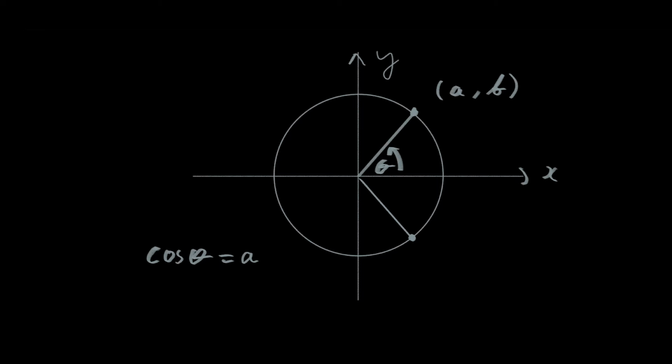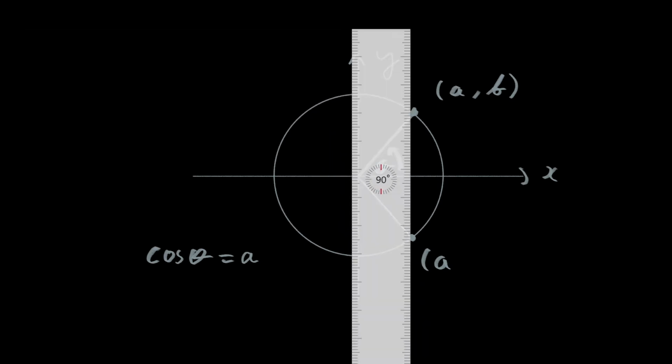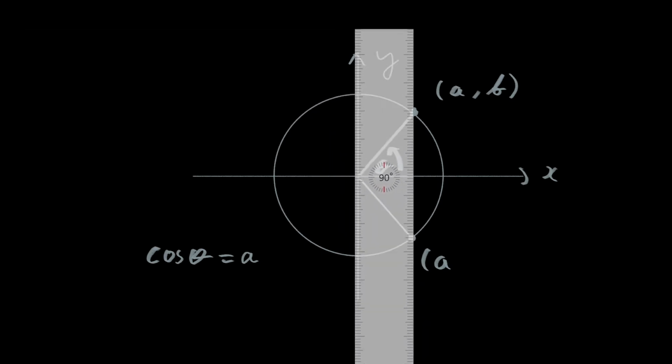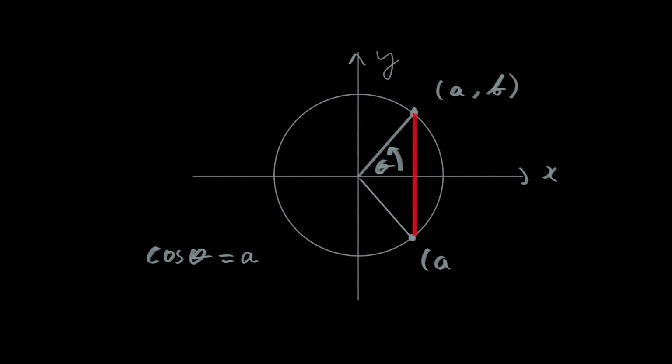Since everything is symmetrical, we know that this point is just going to have an x-coordinate which is a, because you can see that both of these points share an x value. Here, I'll do that in a different color. That point on the x-axis is going to be x equals a.